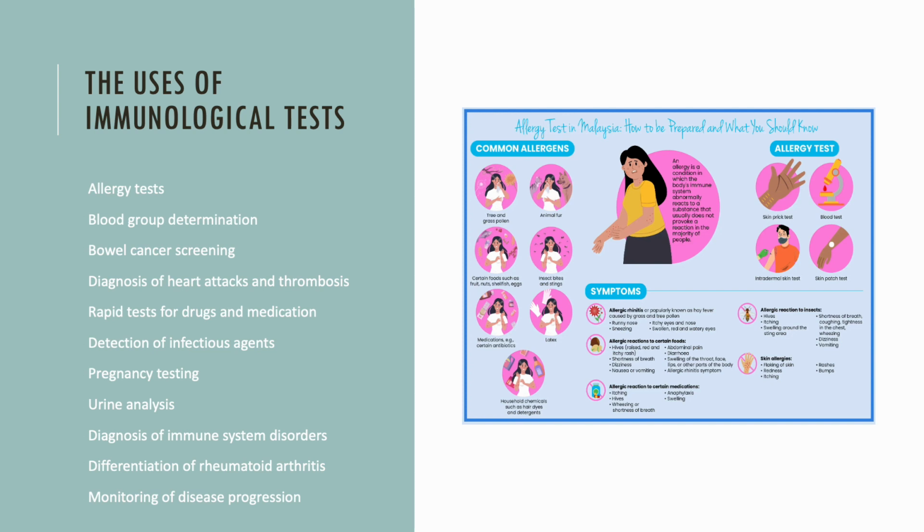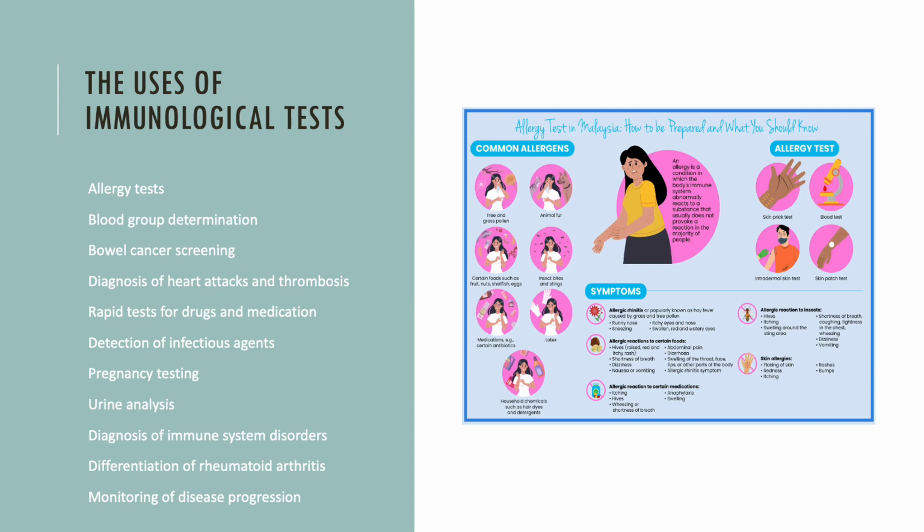And also urine tests use the same principle, where if sugar, blood, proteins, or inflammatory cells are found in urine using this rapid test, it could be a sign of diabetes, urinary tract infection, or kidney damage.